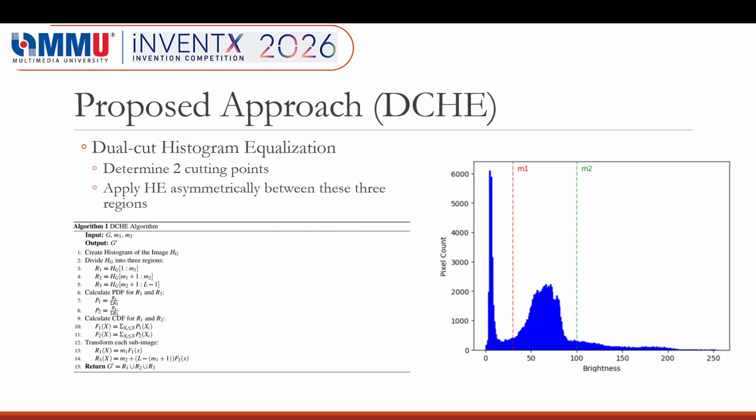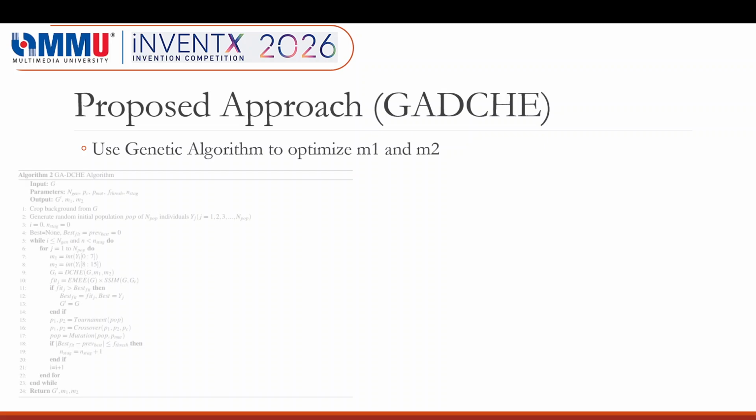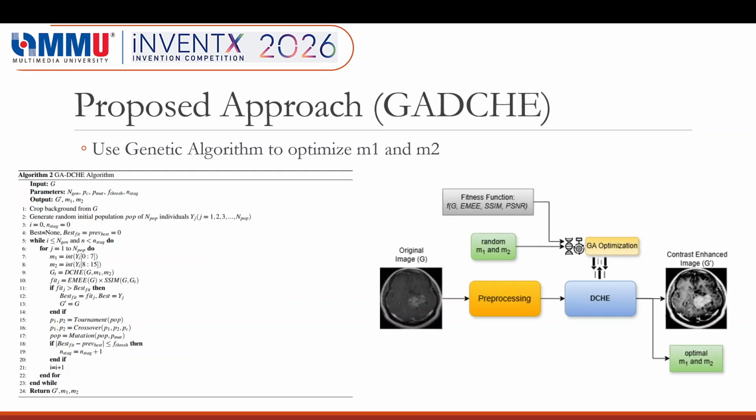But then we went a step further by trying to use the genetic algorithm to optimize this M1 and M2. And here is the general pipeline of this technique.